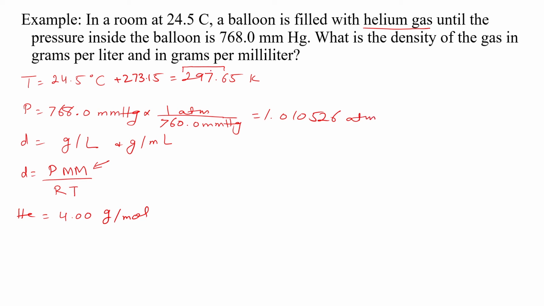Okay, so we have one decimal place here, and we need 4 sig figs, so this will be our 4 sig figs up to this point. And now we can put all these values in this formula.